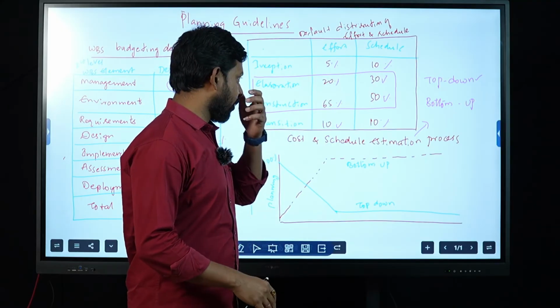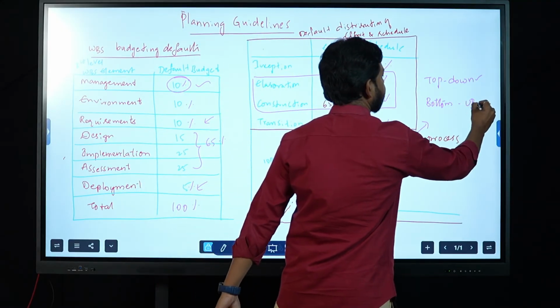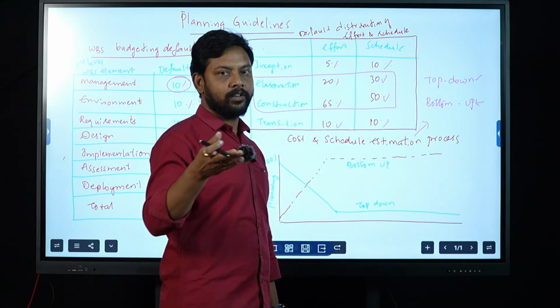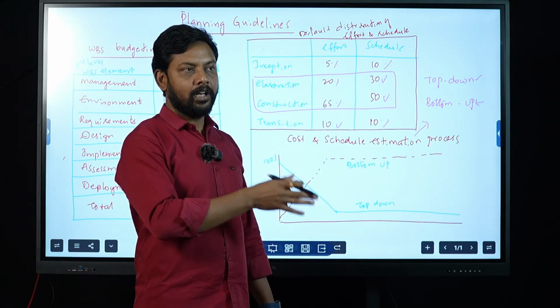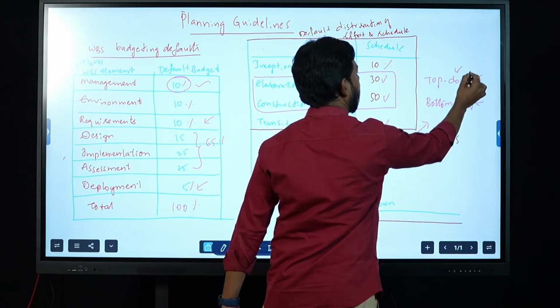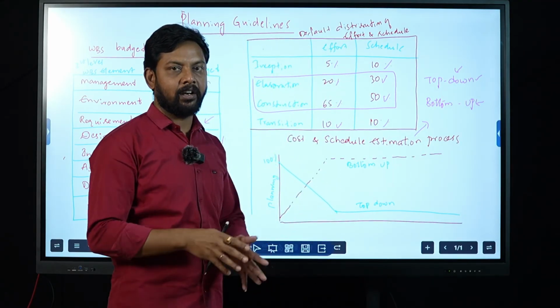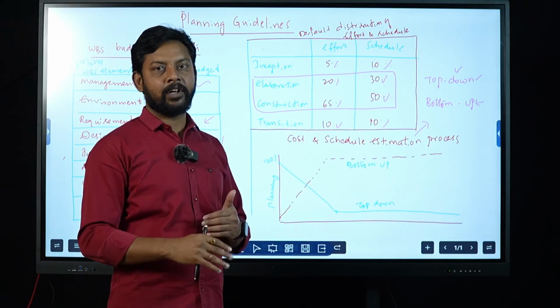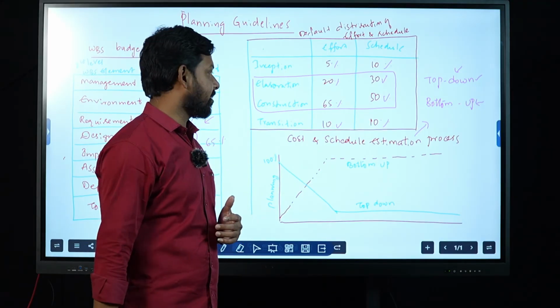So your bottom-up approach is focusing on the final output as your first requirement, and then it will come to your requirements in a reverse direction. But when you go with your top-down approach, it first focuses on the basic requirements, and it starts budgeting from the basic requirements till your construction phase.